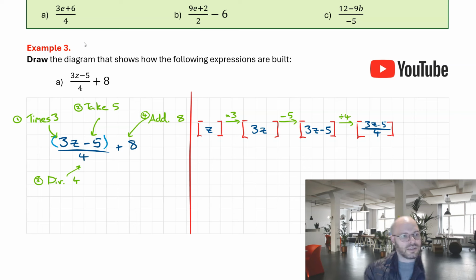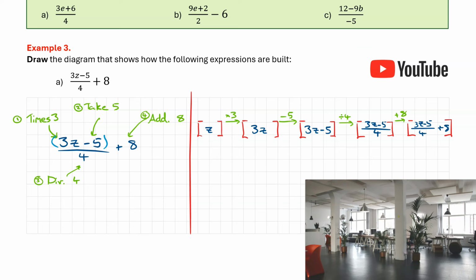And then, if I can fit this in, 3z take 5 divided by 4 is going to turn into 3z take 5 divided by 4 plus 8 because we add 8 to it at the end. Probably should have gone across the page, but that's okay.